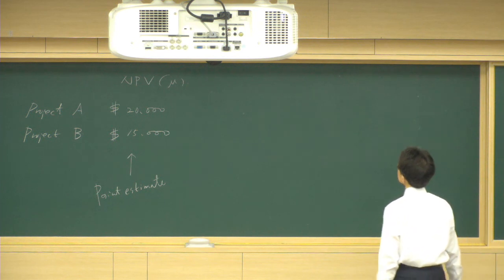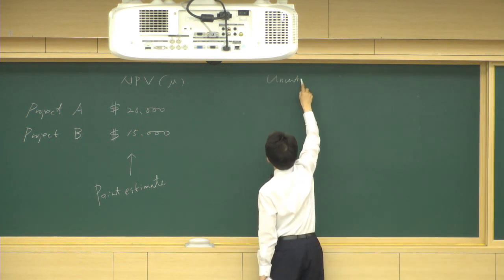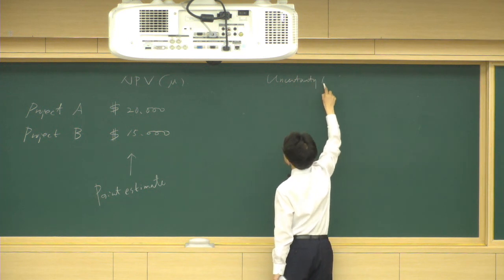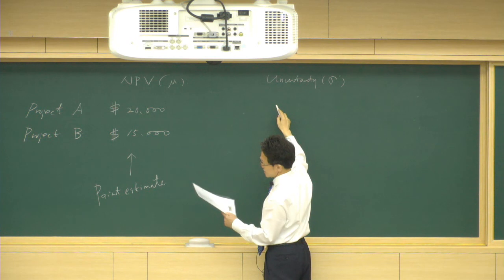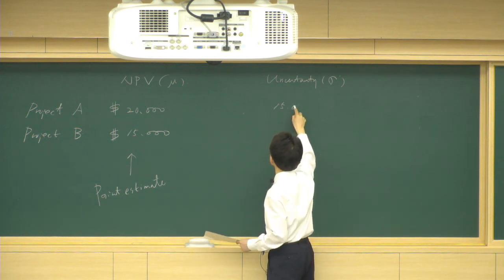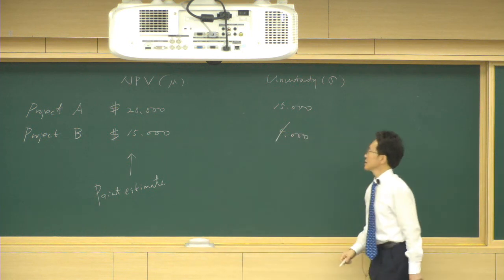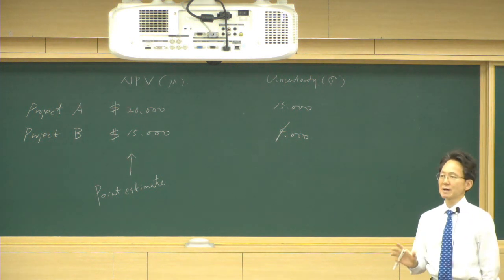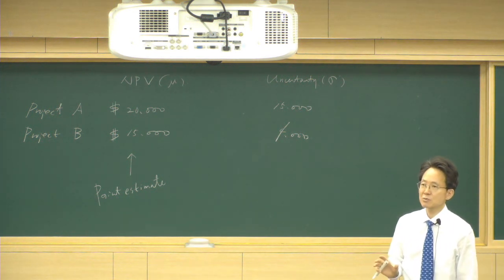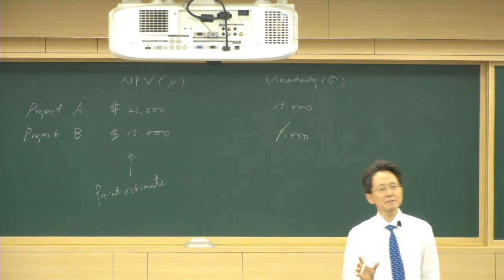And now, let's say I want to incorporate the feature of uncertainty, let's say standard deviation. So the standard deviation for this is 15,000 and this is 4,000. If you have this additional information, does that make you change your mind? Okay, that's the question. When you have extra information about the uncertainty.